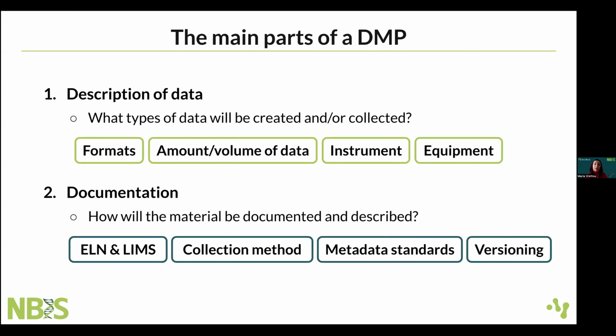And then you have the documentation. Documentation, we all know, is key to making your data understandable and usable. So in this section, it's all about creating clear and consistent documentation about the data. How will the material be documented and described? For example, how was it collected? What does its variable mean?